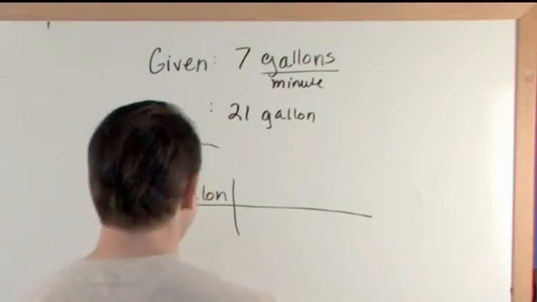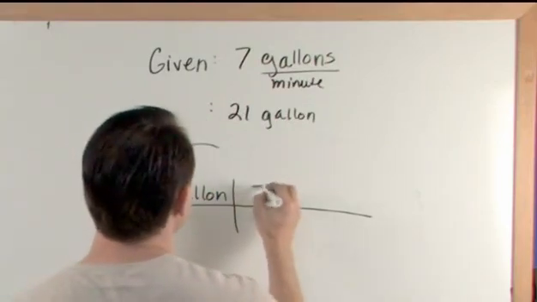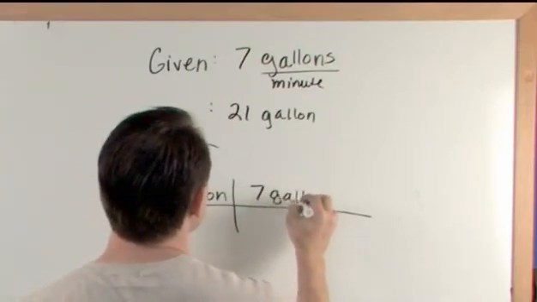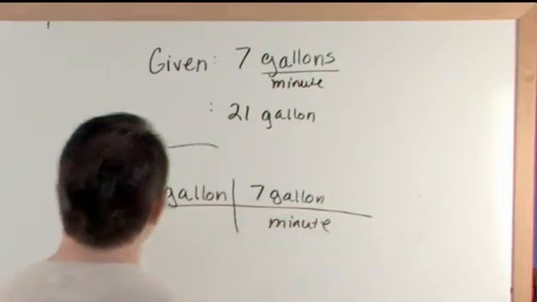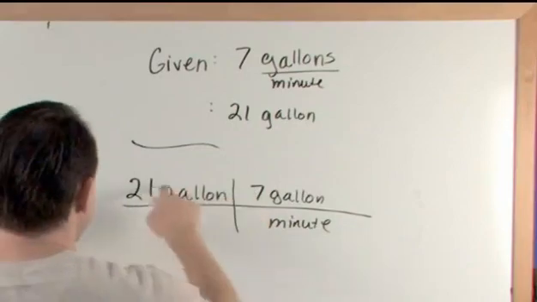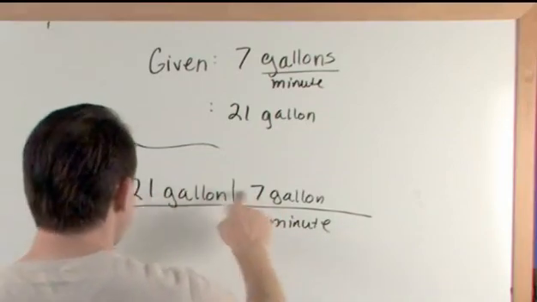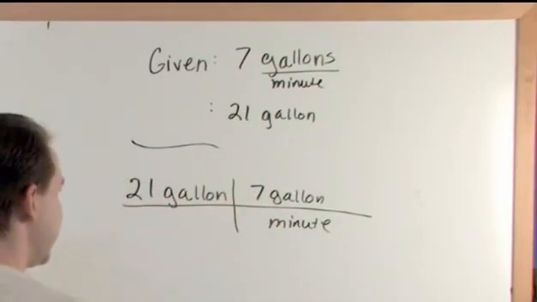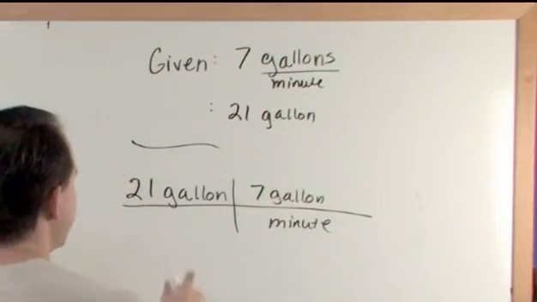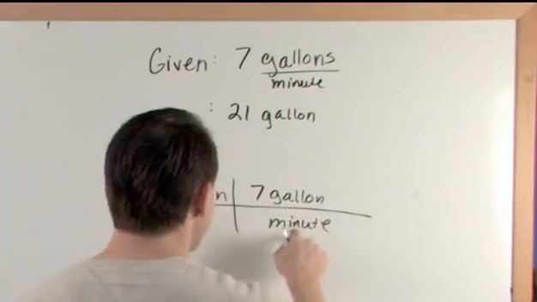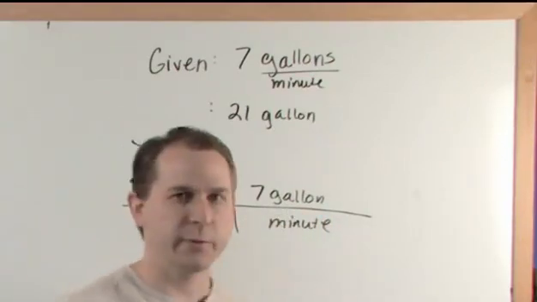Let's just say that you took a guess and see if this is right. You wrote down 7 gallons per minute. Well, what this would mean is because the 7 is on top with the 21, I would be multiplying them. So what would happen if you multiplied them? What would the unit be? You would have gallons times gallons per minute, and you're not getting rid of anything there.